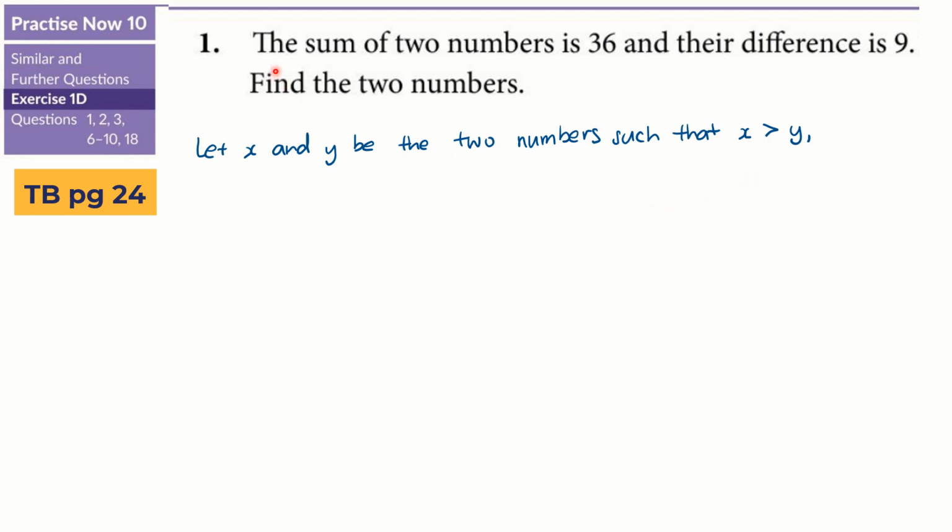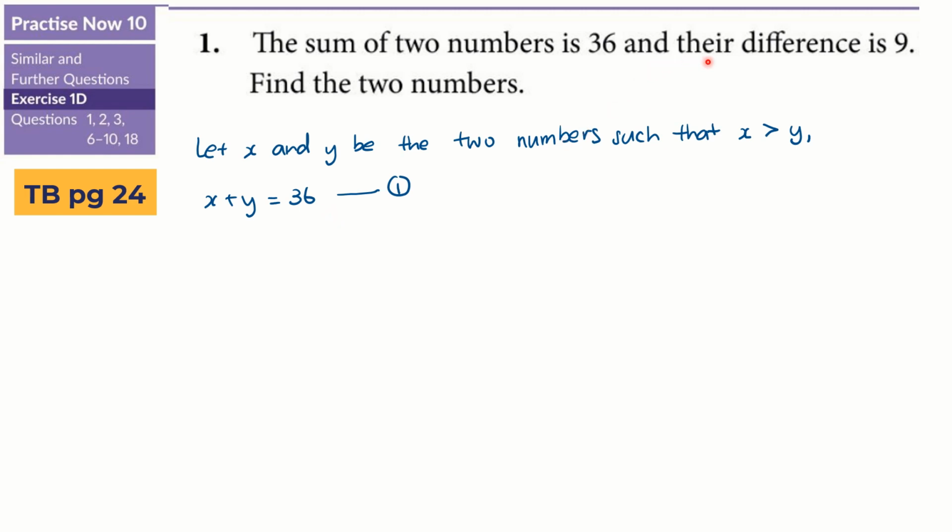In this very short sentence given to us, there are two pieces of information that are important. The first is that the sum of the two numbers is 36. What this translates into algebraically is that x plus y, which are our two numbers, add up to equal 36. And that forms our first equation.